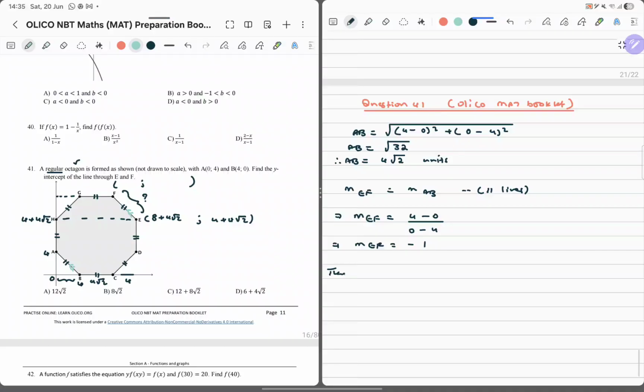We can say then EF, as that line, is going to be y is equal to minus x plus c. Now through the point E, which is 8 plus 4 root 2, 4 plus 4 root 2. This means 4 plus 4 root 2 is equal to minus into 8 plus 4 root 2 plus c.